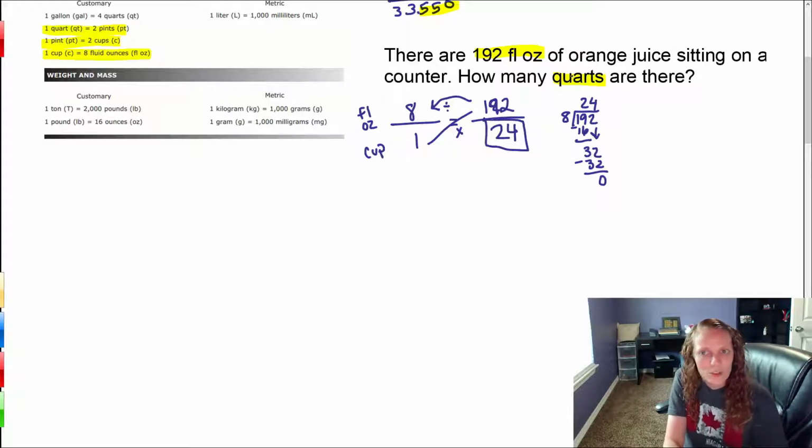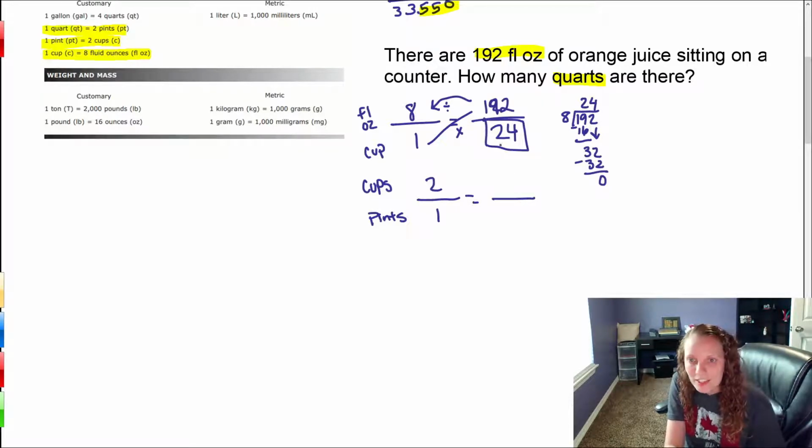Okay, it's still not quarts. So now we have to go from cups up to pints. Let's set our proportion up. From cups to pints, I see that it's 2 cups for 1 pint. And this answer right here is cups, so let's fill it in for our next proportion.